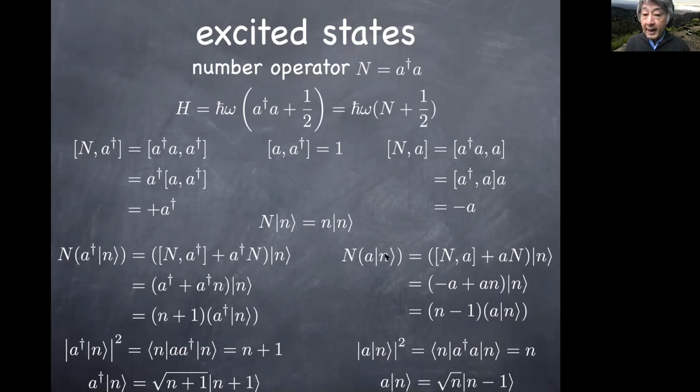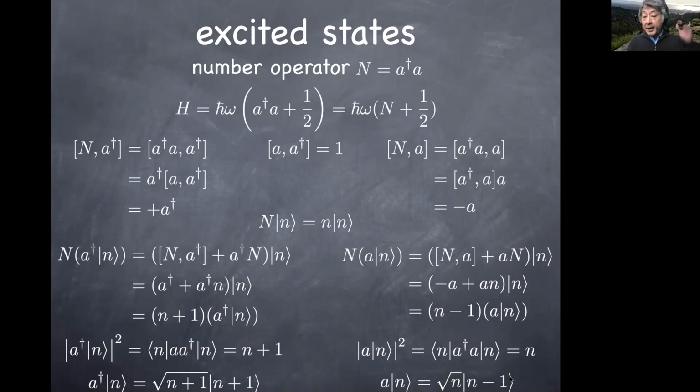Because when I have n as an integer, let's say 1, if I lower the state by acting the annihilation operator, I get 1 minus 1, and then it vanishes, and you can't go any further. Maybe I misspoke. So if we have state 0, then by acting A on top of the state 0, the normalization factor is square root of 0. So there's no state minus 1.